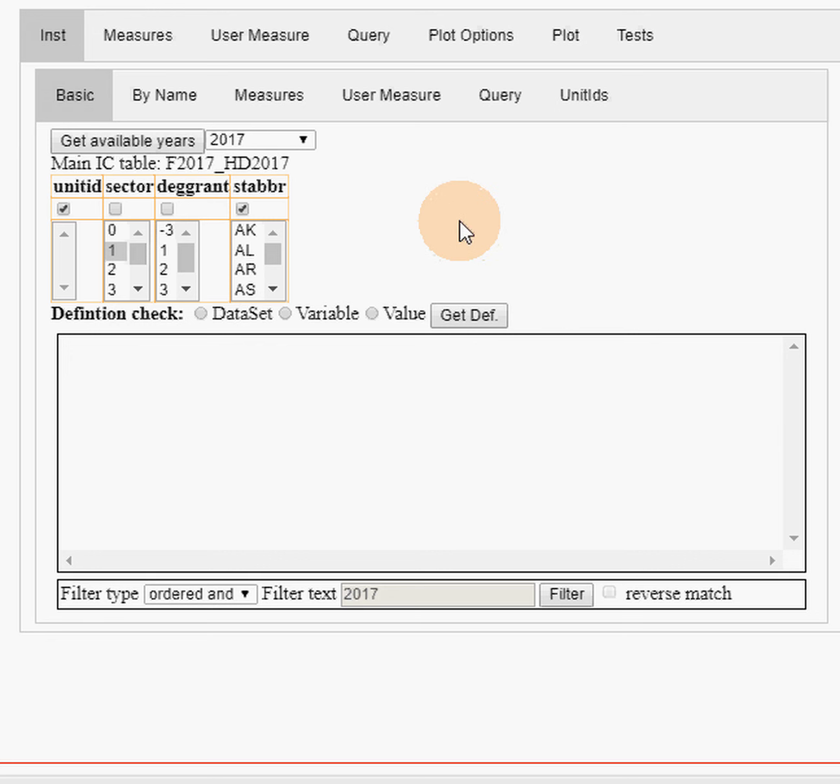The first thing we need to do is to select the data. For this particular demonstration, I'm using the 2017 IPEDS data, and I select all the states and the public four-year institutions.